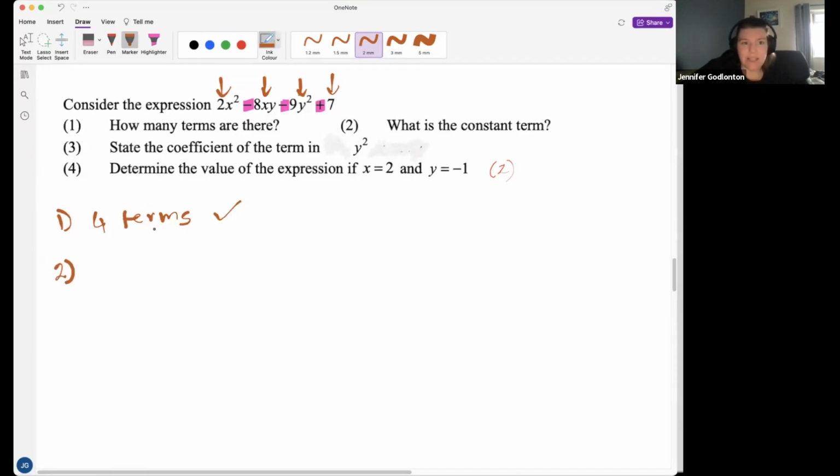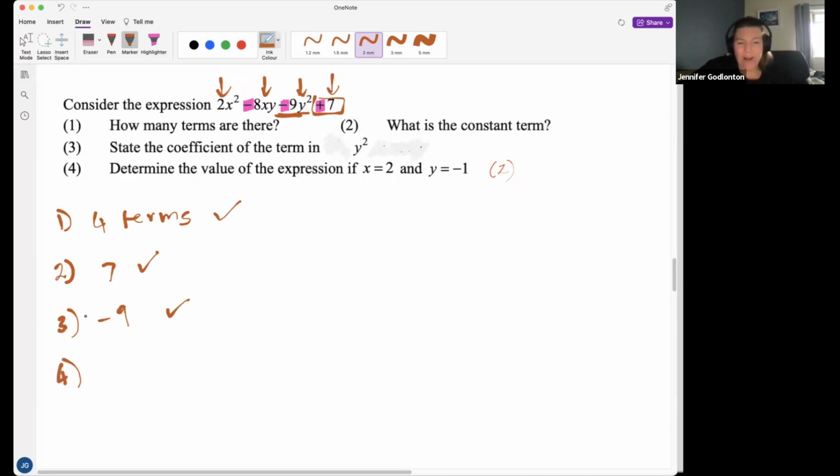Question 2, what is the constant term? The constant term is 7. If you wrote +7, totally fine. Question 3, state the coefficient of the term in the y squared. Okay, so that's this one over here. Don't fall for the trap and write 9. Our coefficient is -9. Tick.